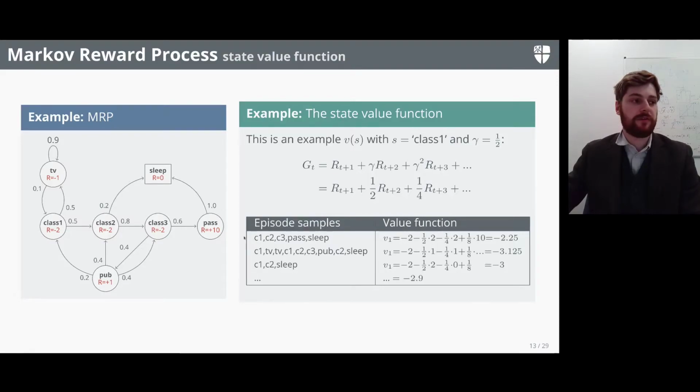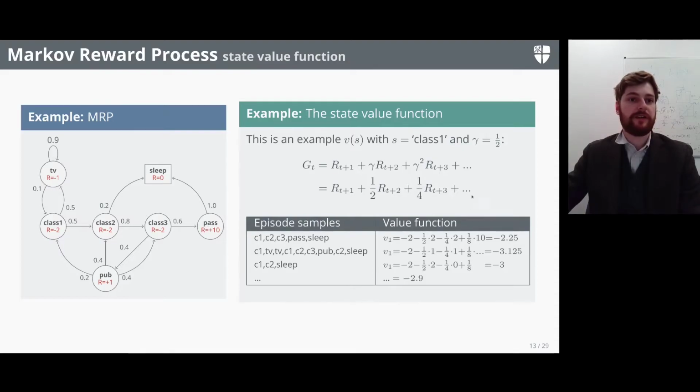And then we keep doing that, so we add on the reward of being in class 3, discounted by gamma, which is now a quarter, and then we add on an eighth of the reward of being in class 10.